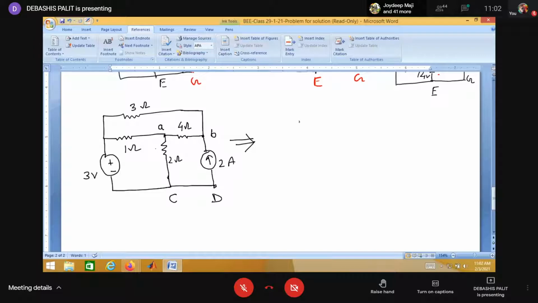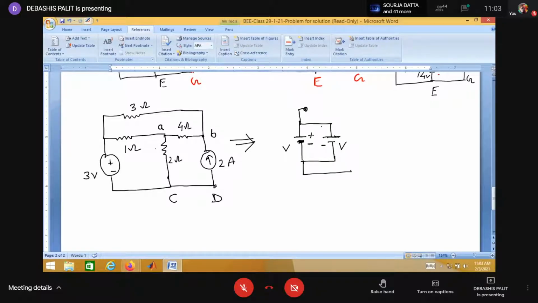Say there is a voltage source V, and there is another voltage source, also V. Polarities are same. Those terminals are joined with the same polarity.